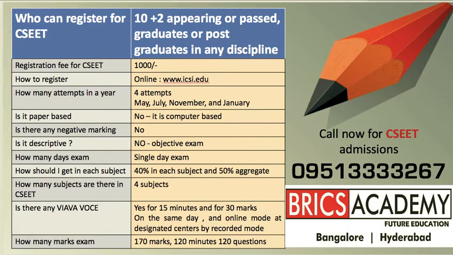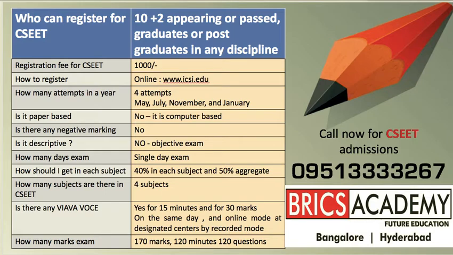If you want to do the CS Executive Entrance Test, those who have appeared for 10 plus 2, that is 12th standard, either passed or appearing, or graduates or postgraduates in any discipline, if they want to get into the Company Secretary course, they have to write an entrance examination called CS-EET, that is the Company Secretary Executive Entrance Test.